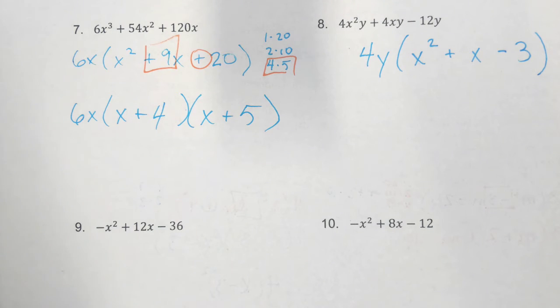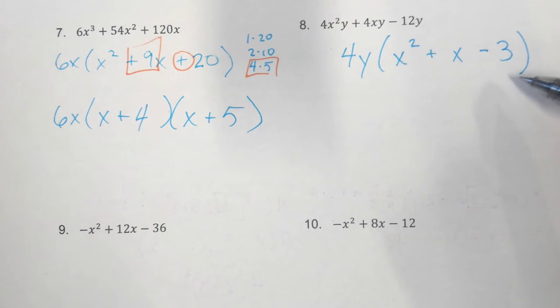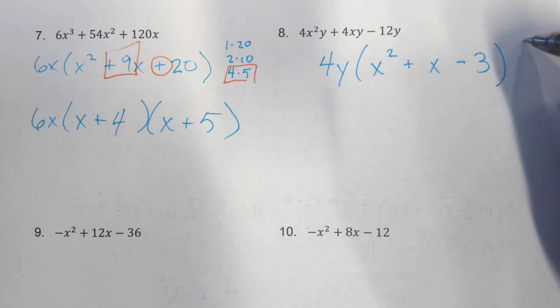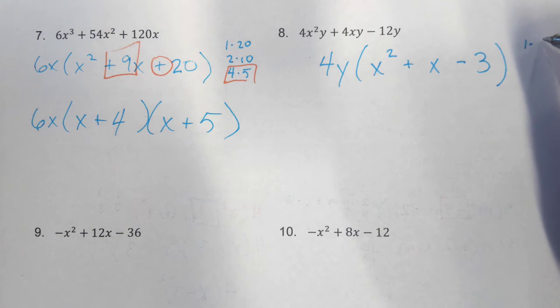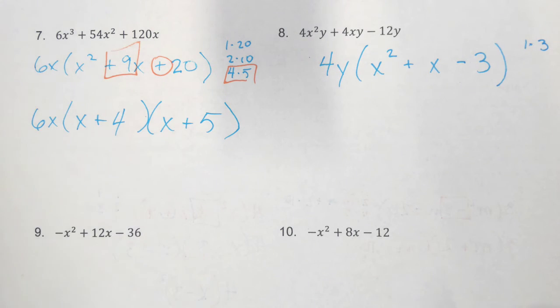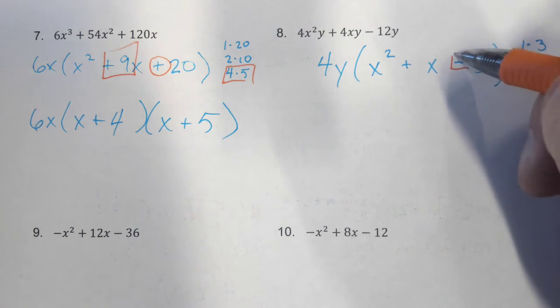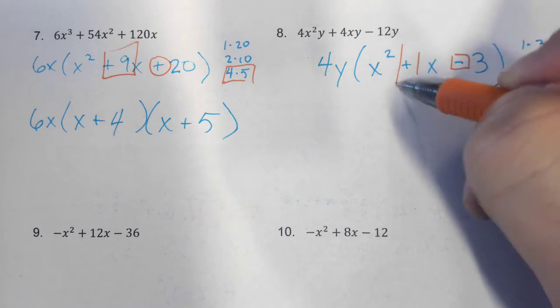So, the factors of 3 are 1 times 3. And I'm looking and I see that I'm supposed to subtract to get to an understood positive 1.